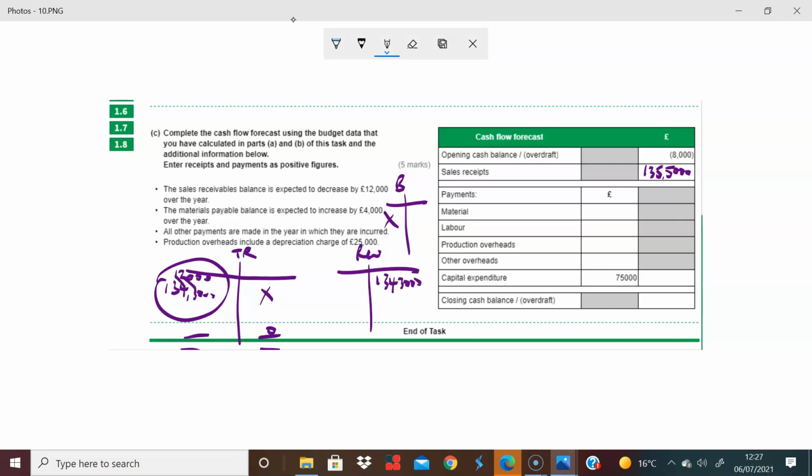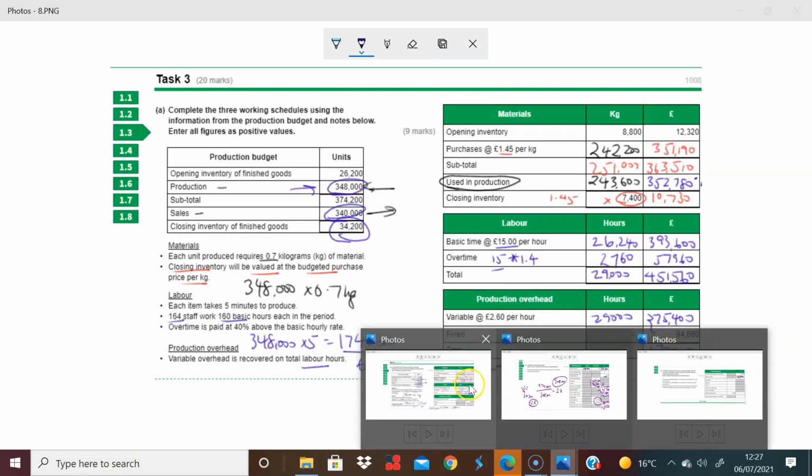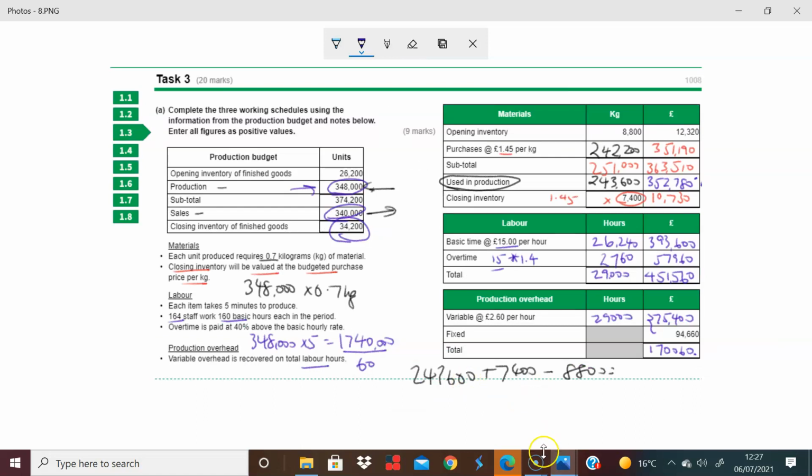Because I don't have space, I'm going to deal with materials on this same page by cleaning this out and following exactly the same principle. So when I look at my materials payables, let's come back to this page over here.